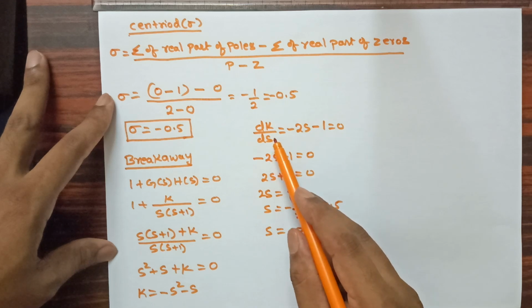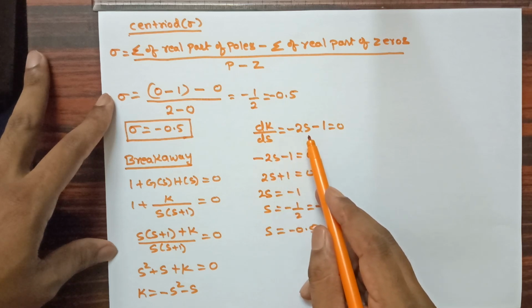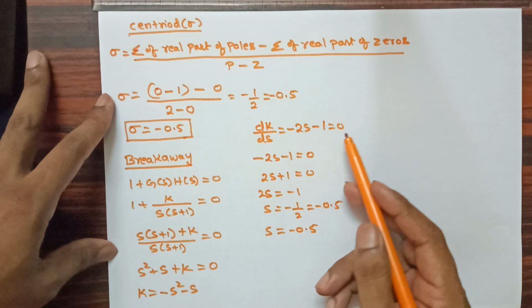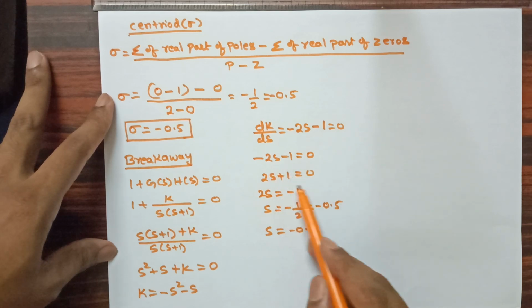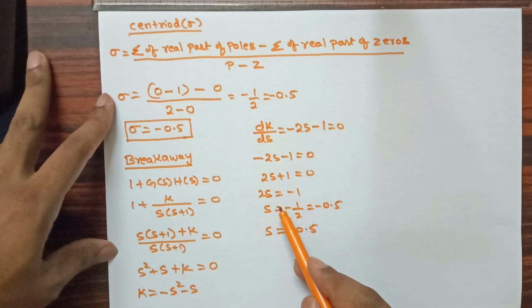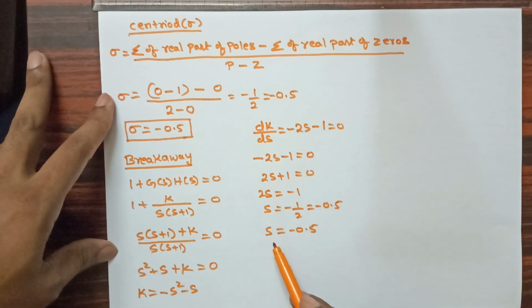You can see here dk by ds is equivalent to minus 2s minus 1, which is equal to 0. By taking minus common, I got 2s plus 1 is equal to 0. Therefore I calculated the s value here, minus 0.5.